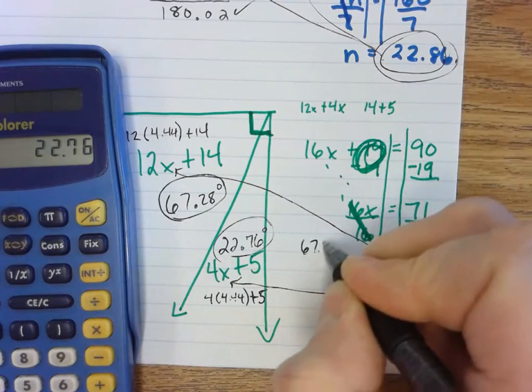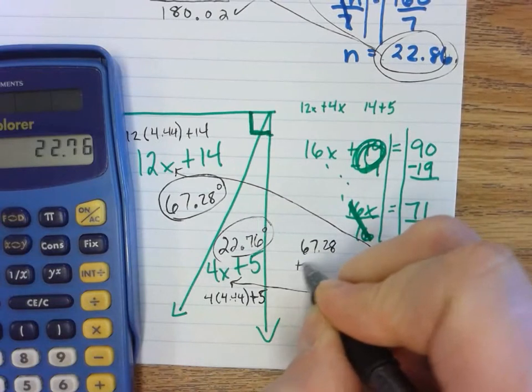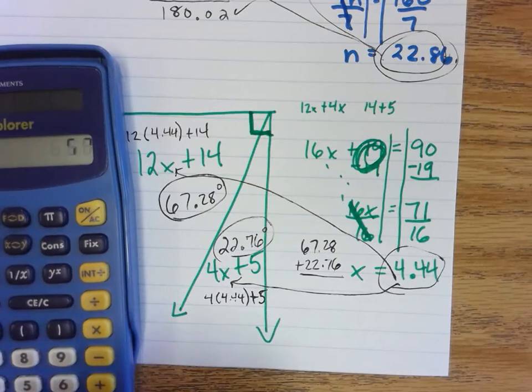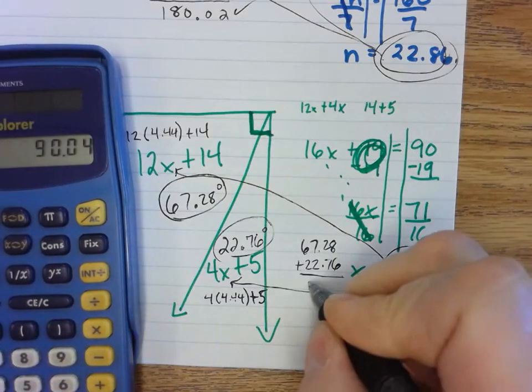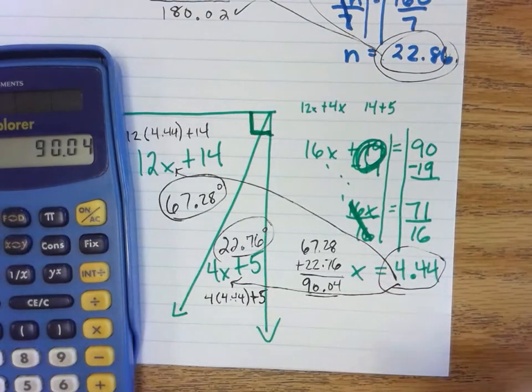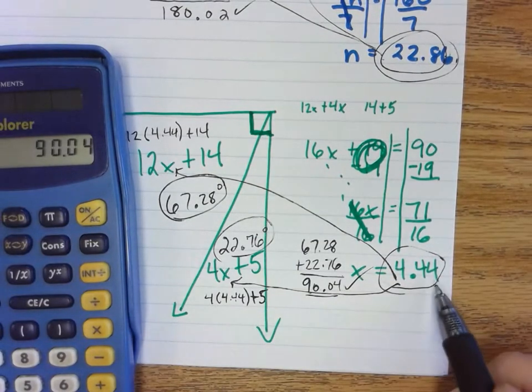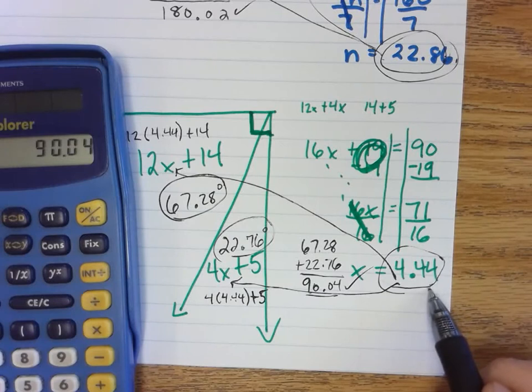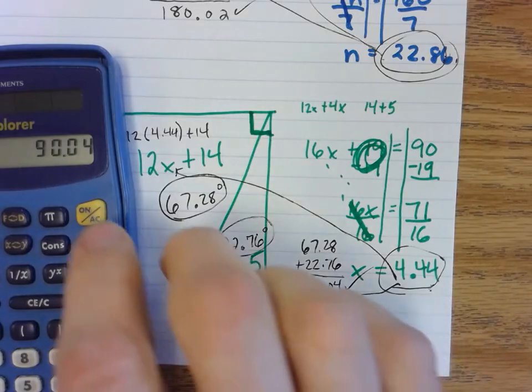We got 67 and 28 hundredths plus 22 and 76 hundredths, and that gives me 90.04, and that is close enough, right? Because that's very close to 90. So that means I've pretty much done it right, just because we rounded up to 4 and 44 hundredths. That rounded up just a little more than 90. All right, everything looking good so far, I hope.